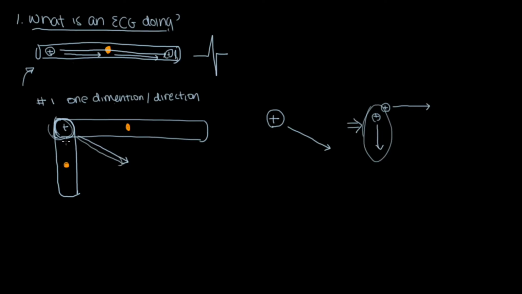So for this sensor, it'll look like a smaller charge moving down this way. And for this tube and this sensor, the large charge moving that direction will look like this small charge moving along the axis of that tube.